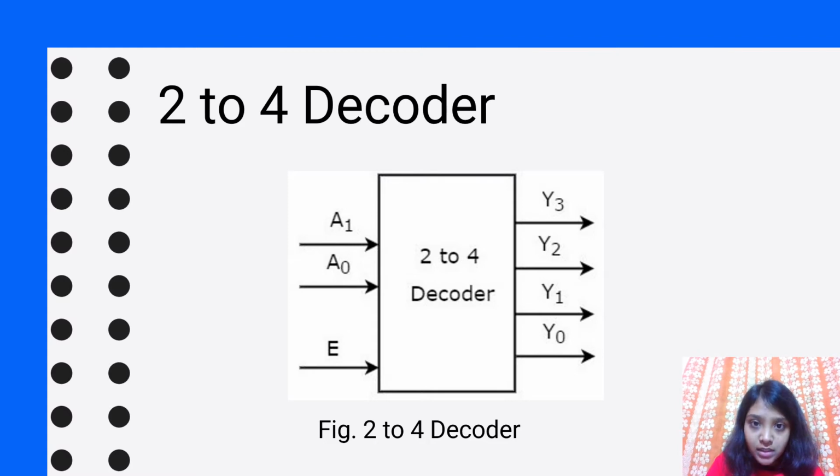So one of these four outputs will be 1 for each combination of inputs when enable E is 1. Similarly, for when enable E is 0. Here this is A1, A0, these are the inputs as I told, and these are the outputs, that's Y0, Y1, Y2 and Y3. This is the block diagram of 2 to 4 decoder.